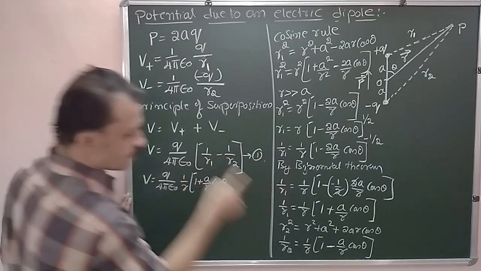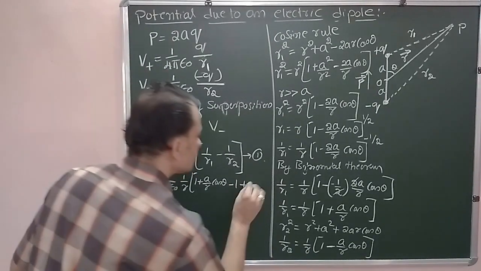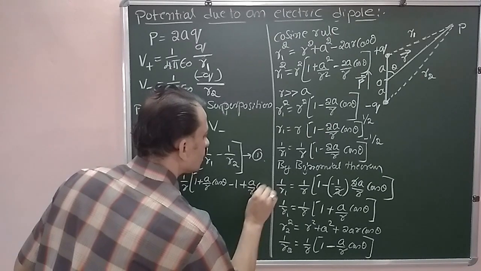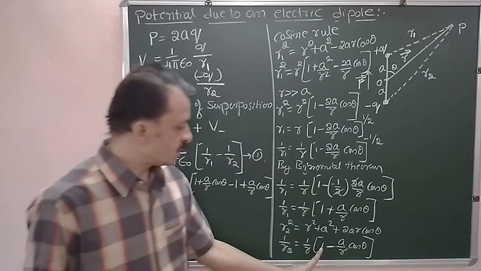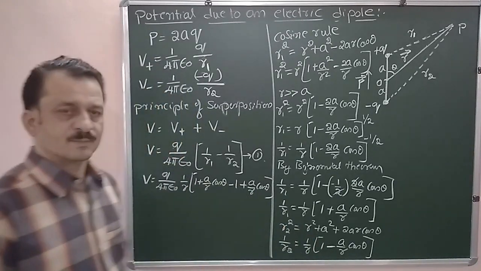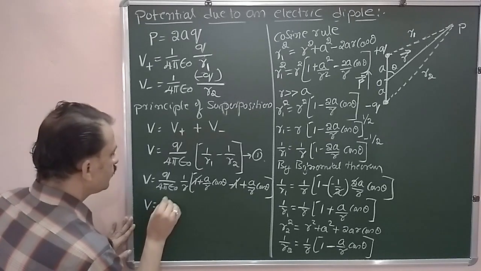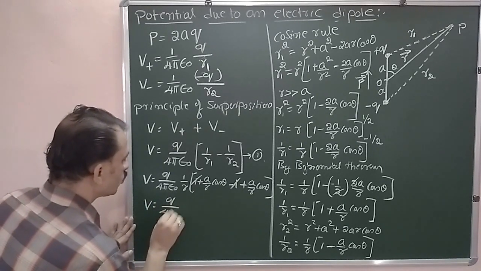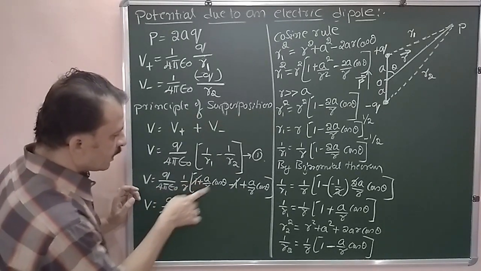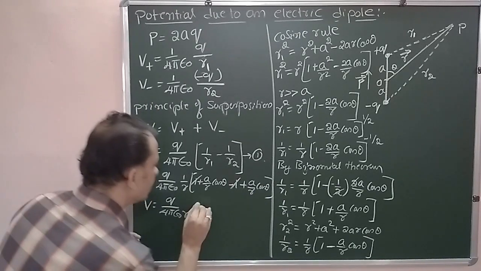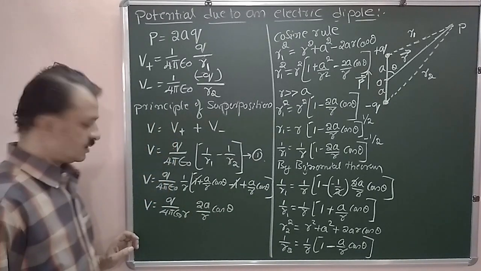Now this is minus, therefore minus 1 minus of minus a by r cos theta, so it becomes plus. Plus 1 minus 1 cancels. So V is equal to q divided by 4 pi epsilon naught r into a by r cos theta plus a by r cos theta, that is 2a by r cos theta.